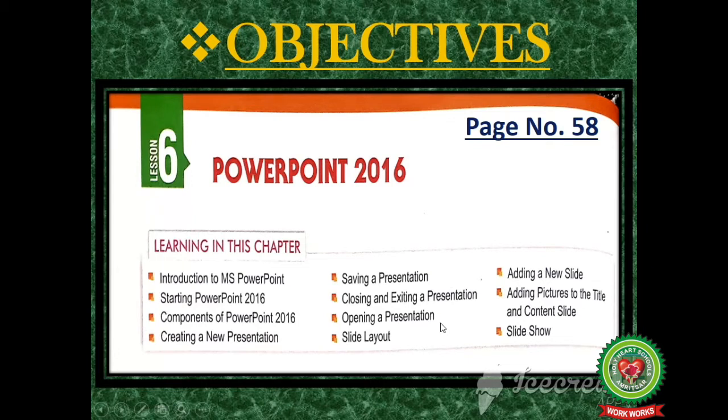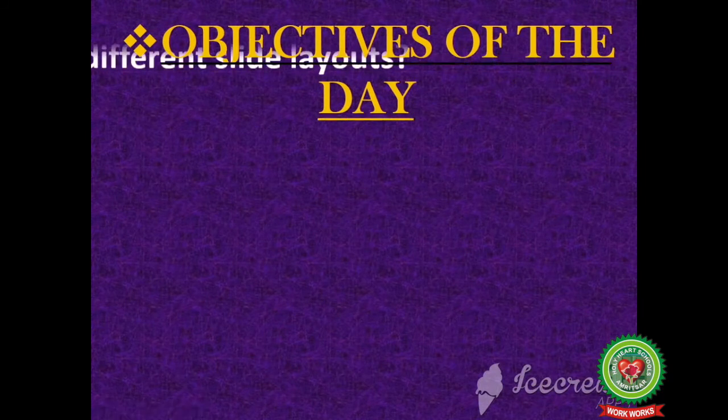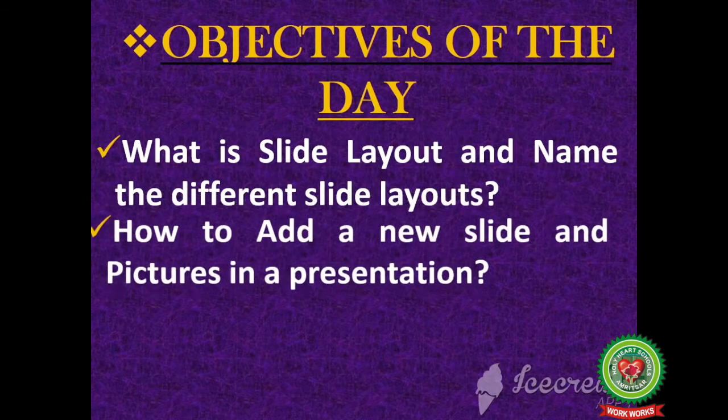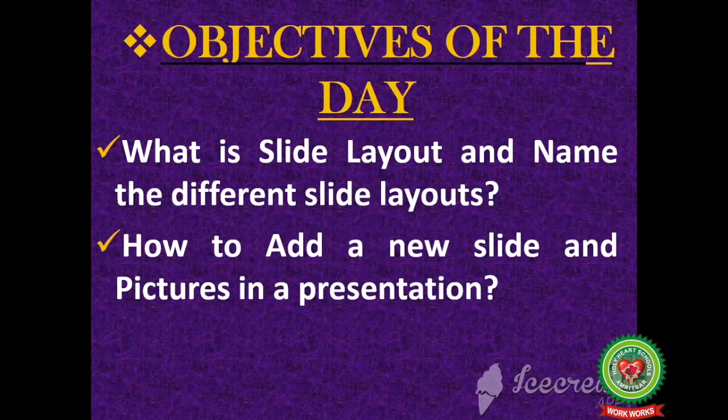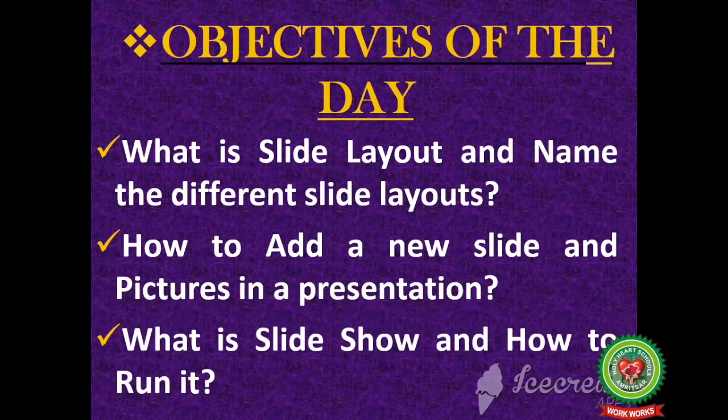And today we will learn the topics slide layout, adding a new slide, adding pictures to the title and content slide, and slideshow. So the main objectives of the day are: what is slide layout and name the different slide layouts, how to add a new slide and pictures in a presentation, and what is slideshow and how to run it.